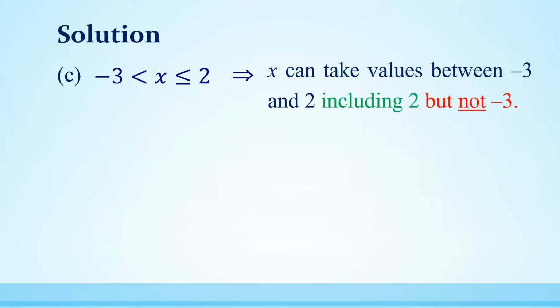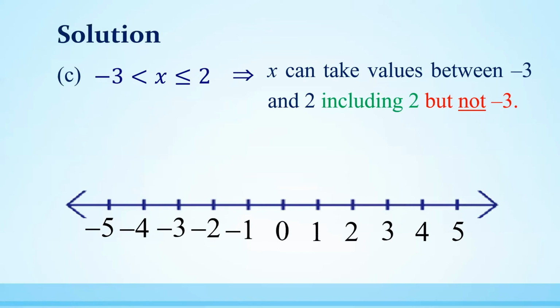I'm sure you must have got it correctly. Yes, I'm going to have an unshaded circle at -3 and a shaded circle at 2. So here it is.